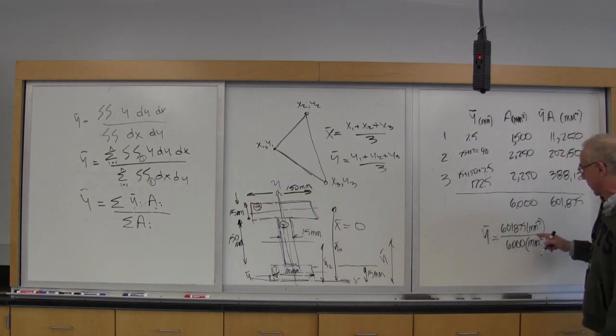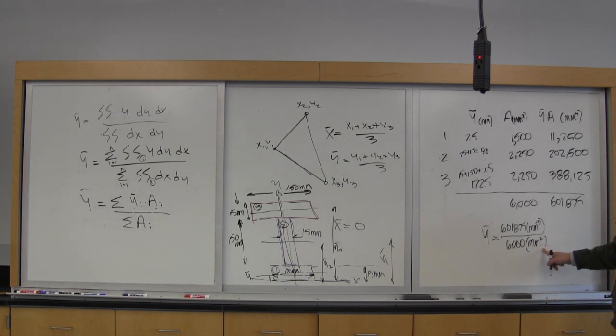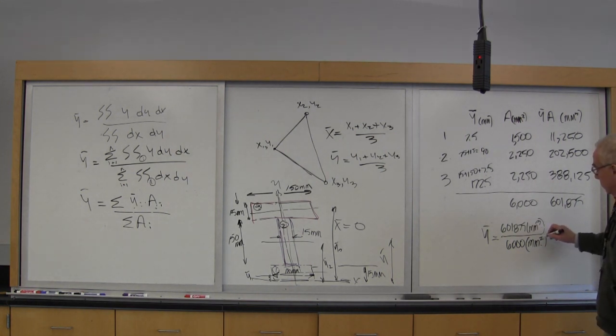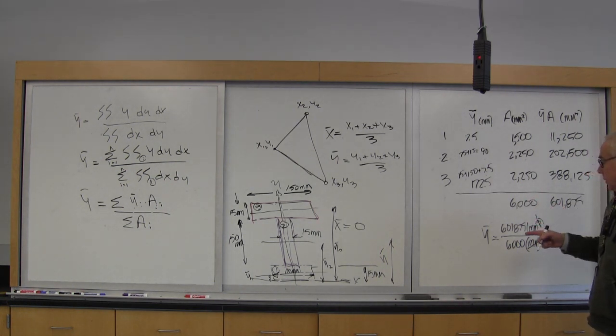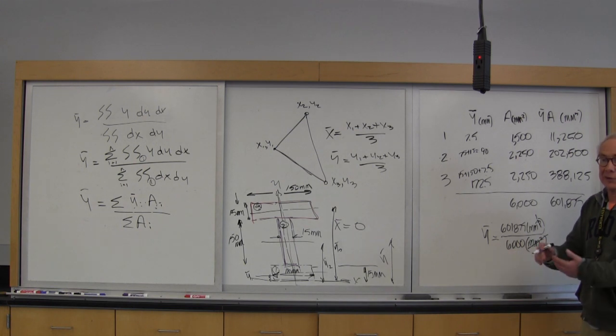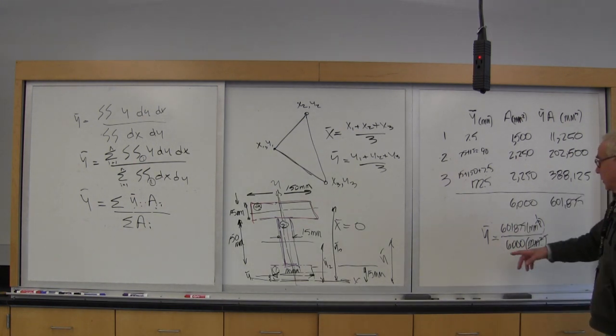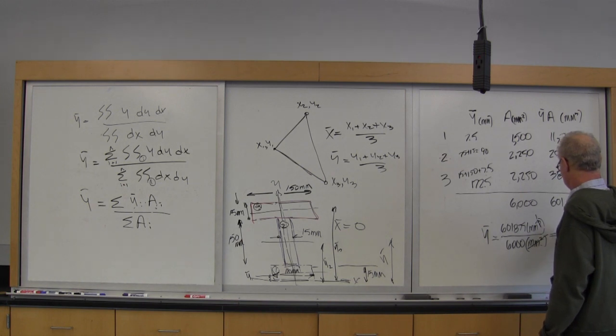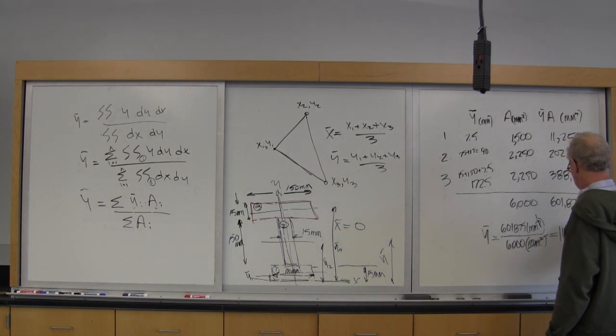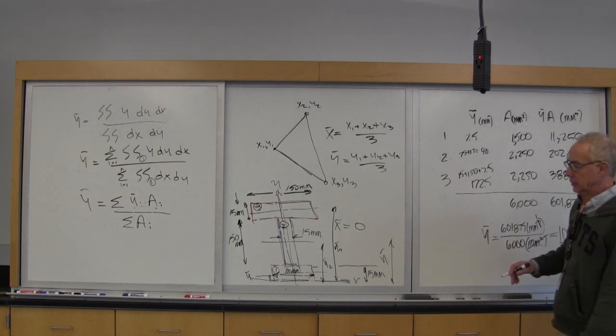So I like that. We get millimeters cubed over millimeters squared. We can cross that out, and we just have millimeters to the first power, and that in fact is what we want to see because y bar is just a distance. So we're going to divide 601,875 by 6,000. We're going to get 100.3 millimeters.